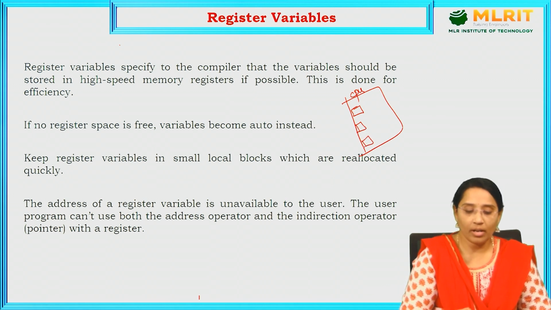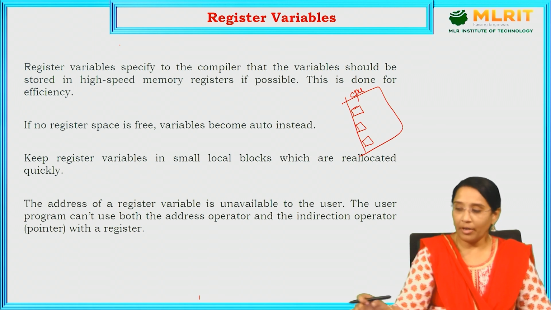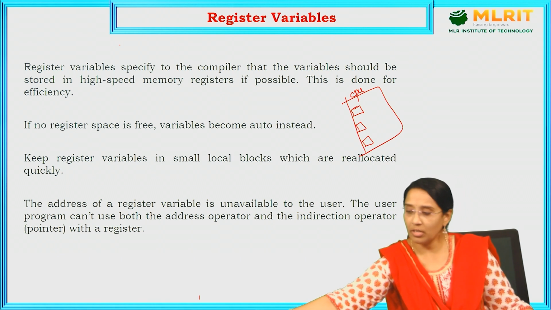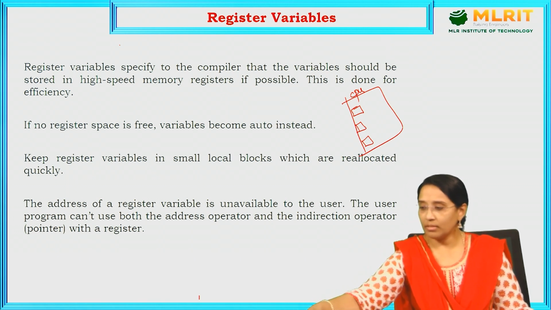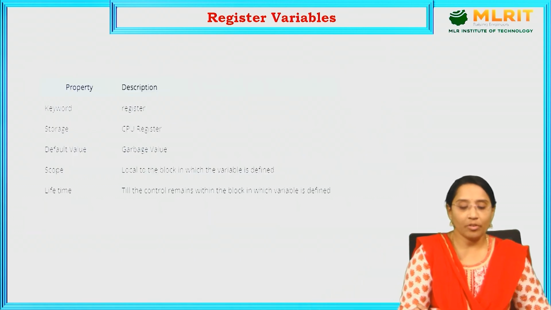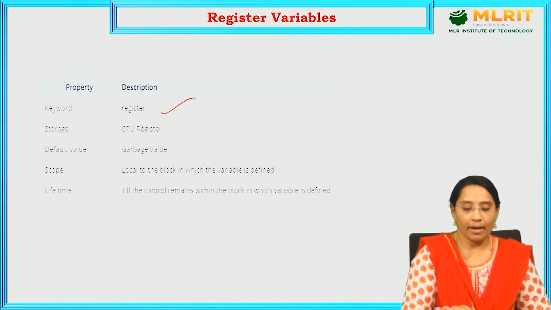If no register space is free, variables become auto instead. Keep register variables in small local blocks which are reallocated quickly. The address of a register variable is unavailable to the user. The keyword is register, and the default value of the register storage class is the garbage value.